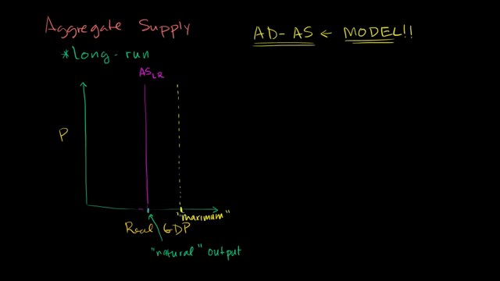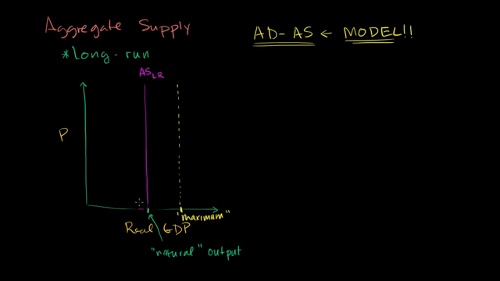This is if people were just working all out. They weren't taking vacations. They weren't sleeping properly. Every person was working in the place where they could be the most productive. Then maybe you would have some output over here, which is kind of impossible to achieve. So this is something below that, kind of a nice, healthy level of output for the economy.